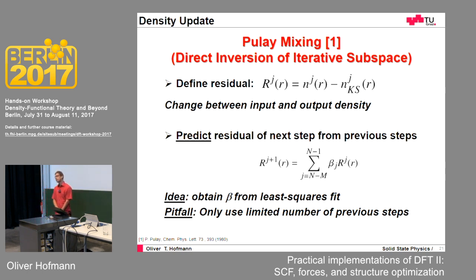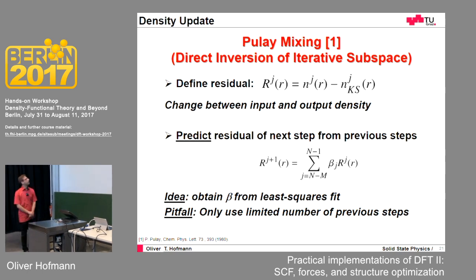The DIIS scheme or Pulay mixing is something that is very frequently applied, and it's also reasonably robust, but contrary to the linear mixing scheme, it will not always converge. And it's much more sensitive to the actual mixing coefficient that you employ.